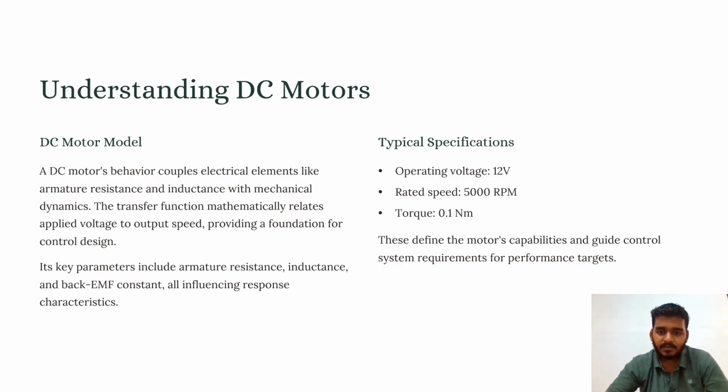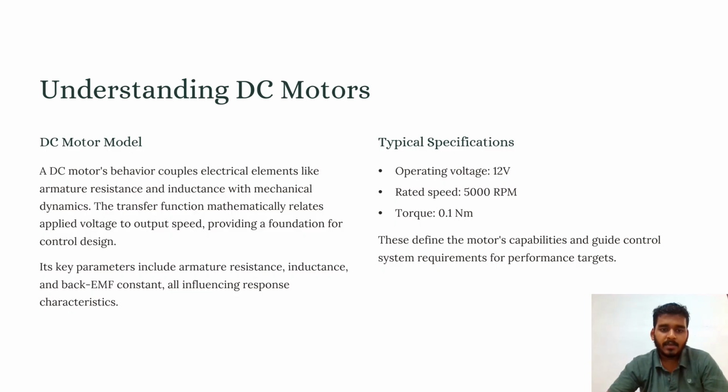These are the general specifications. These define the motor capabilities and guide control system requirements and performance targets. Key parameters include armature resistance, inductance, and back EMF constant, all influencing response characteristics. So these are about the DC motor model.